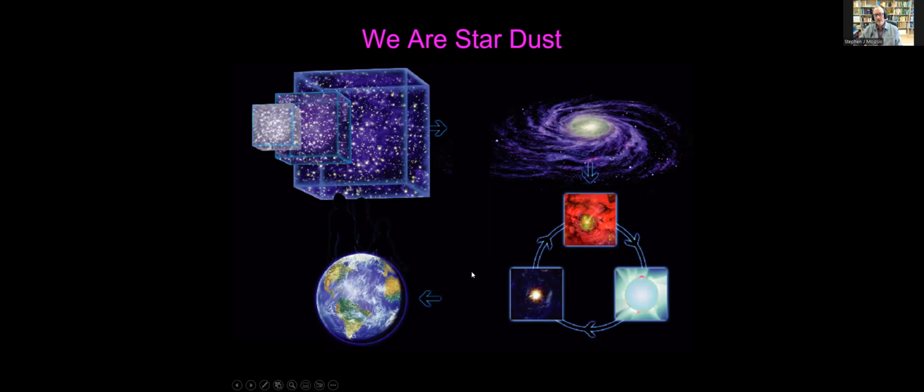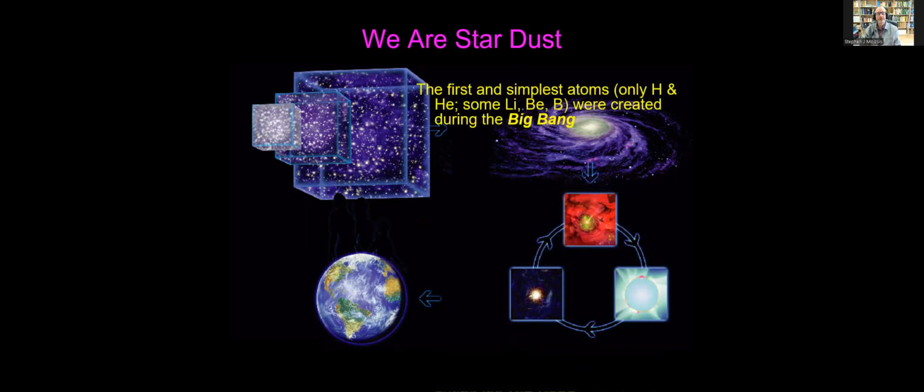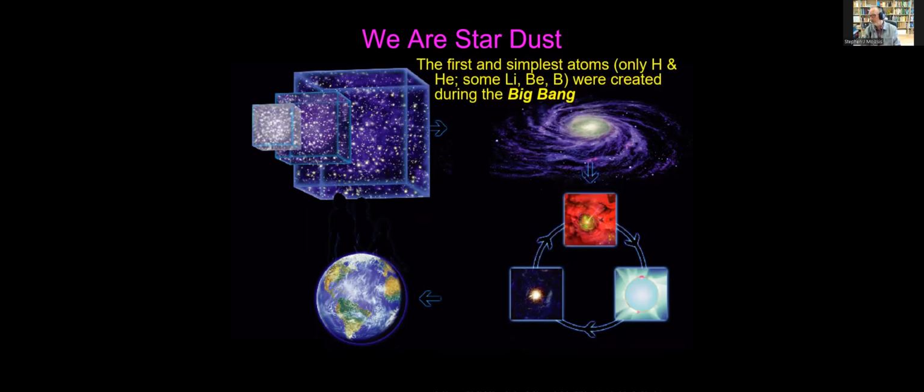So out of this, we get a planet like the Earth, but it ultimately is stardust that is formed during the evolution of our galaxy, which evolves in the evolution of the cosmos itself, of the universe. The first and simplest atoms were only hydrogen and helium and a bit of lithium, beryllium, and boron.